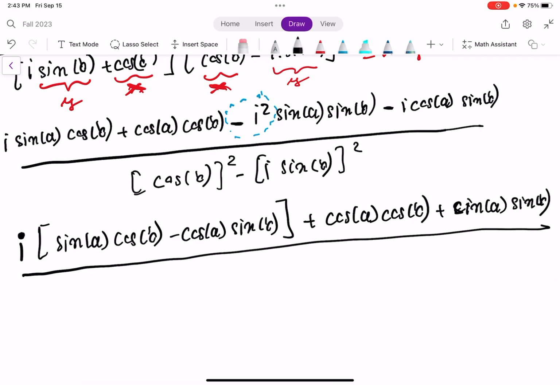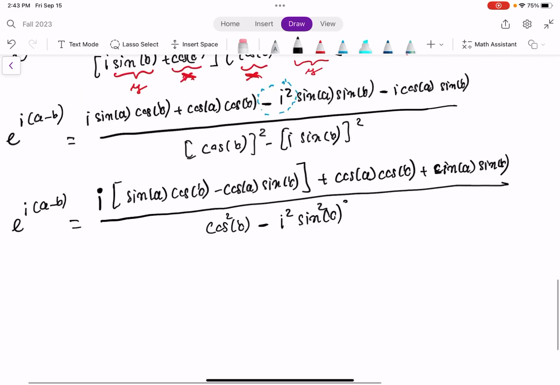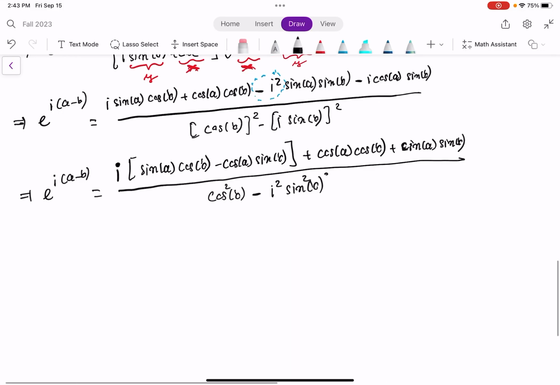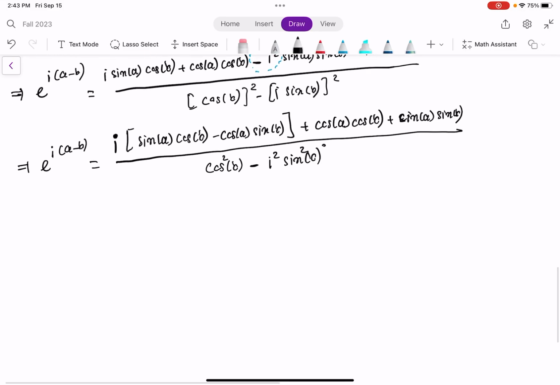And how about our denominator? Our denominator is cosine b squared minus i squared sine b squared. Keep bearing with me.